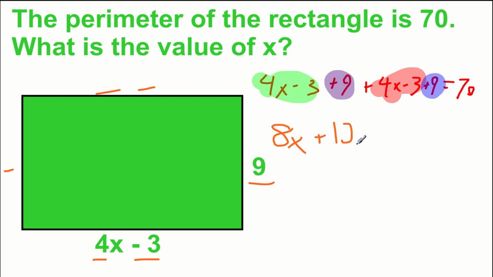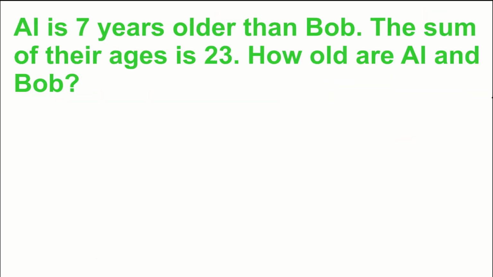So I'd have 8x plus 12 equals 70. With Desmos, that's the way I would start off the step. To me, it's easy to combine from the picture here.